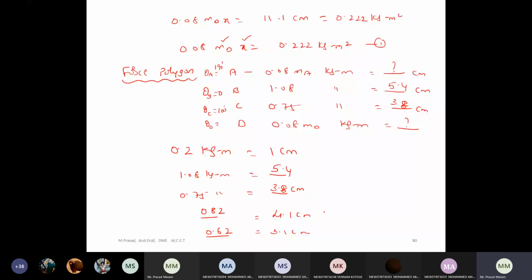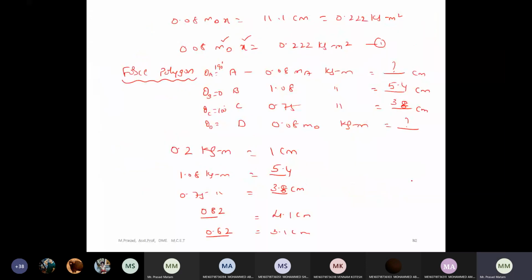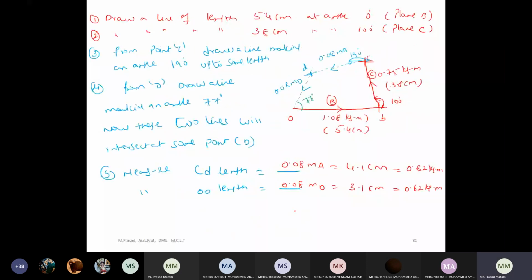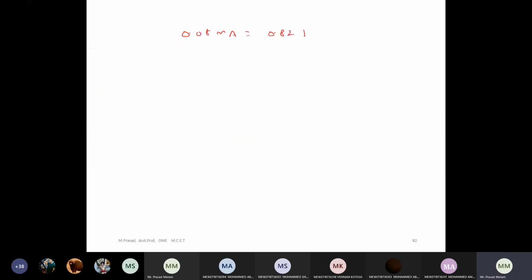This is 0.82 kg meter, and this is 0.62 kg meter. Let me use the new slide. So 0.08 MA is equal to how many kg meters? 0.82 kg meters. From this get MA value.